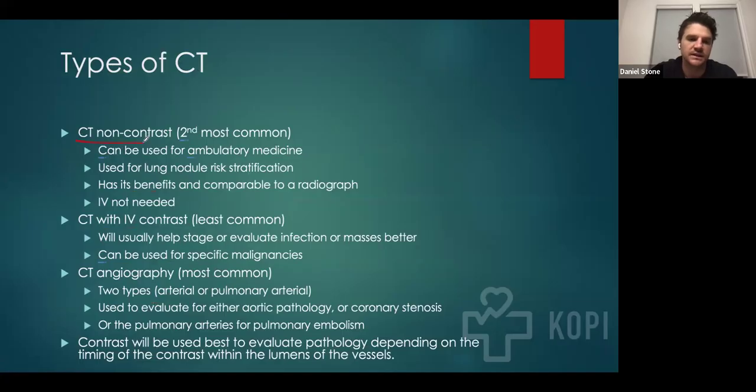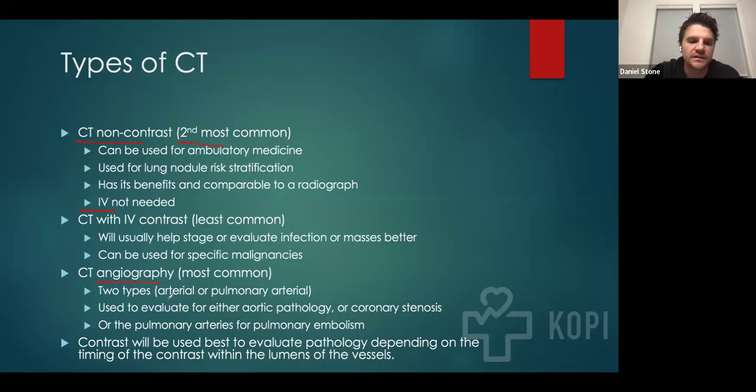Non-contrasted studies are probably the second most common study that can be ordered, and this basically assumes that the patient lays down and you get a CT. There's no IV needed. A CT with IV contrast assumes that you're giving a little bit of a delay to the IV contrast, which means you're evaluating tissues more thoroughly and seeing where the blood flow goes.